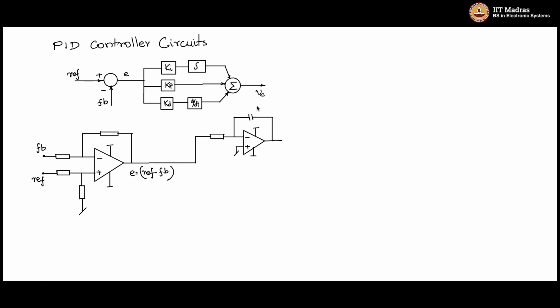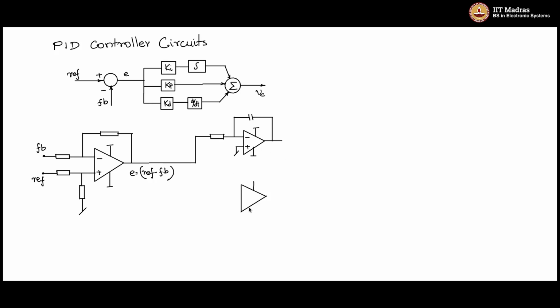This is a C. So 1 by SC on the feedback path side, and this is R. So 1 by SCR will be the total gain, and 1 by S is coming into the picture, that is the integrator action. And 1 by S and 1 by RC will be the Ki part. So this is the integrator action.